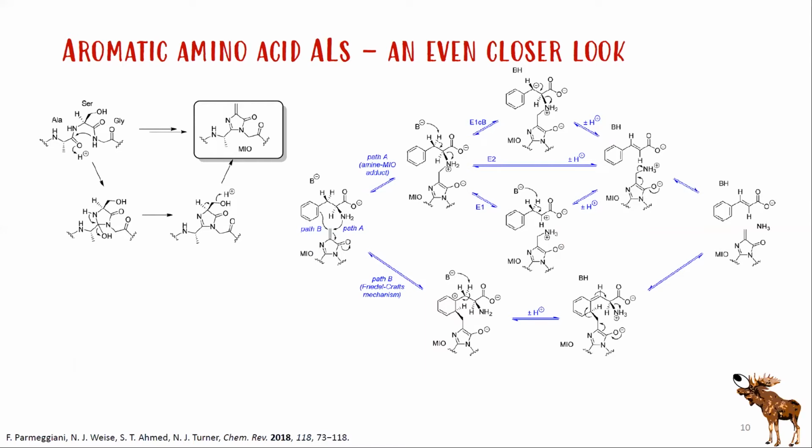Now, as fascinating as what they do is, how they do it to me is even more fascinating. What these enzymes have in their active site is this methylidene imidazolone moiety. It is not a cofactor, although it is often called one, because it is actually formed from amino acid residues of the main protein chain.